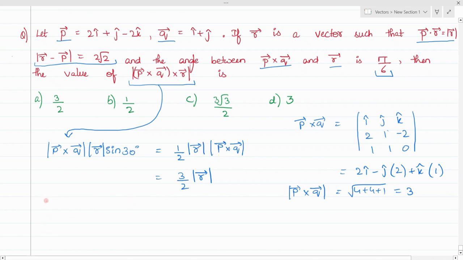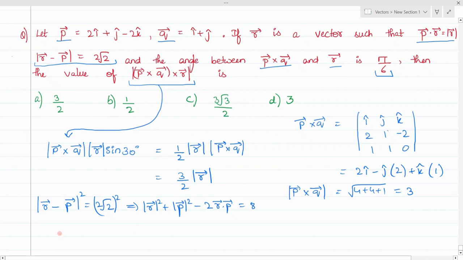By using the other conditions. It is given that P dot R is magnitude of R, and magnitude of R minus P is 2 root 2. Let's square it on both sides. We get magnitude of R square plus magnitude of P square minus 2 times R dot P is equal to 8.